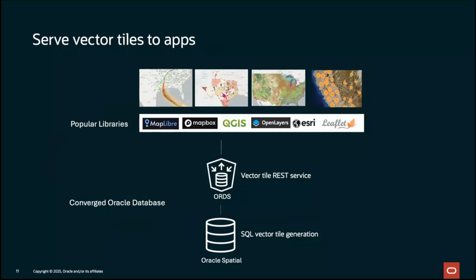And again, the value here is that when you use this 23 AI capability, serve vector tiles, you can use Oracle REST Data Services, or ORDS, to expose it as a REST service, and that's all part of the converged database environment. And you then have what you need for any standard, popular modern web mapping client to consume that data.